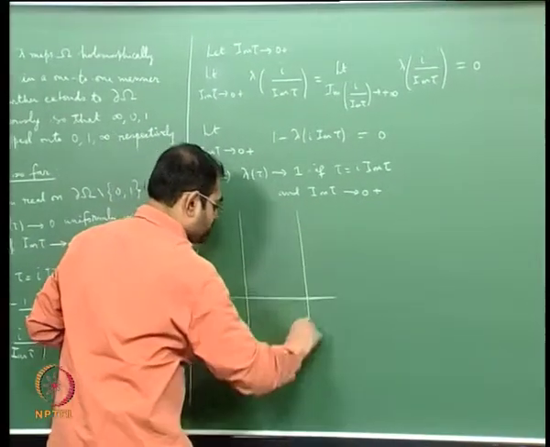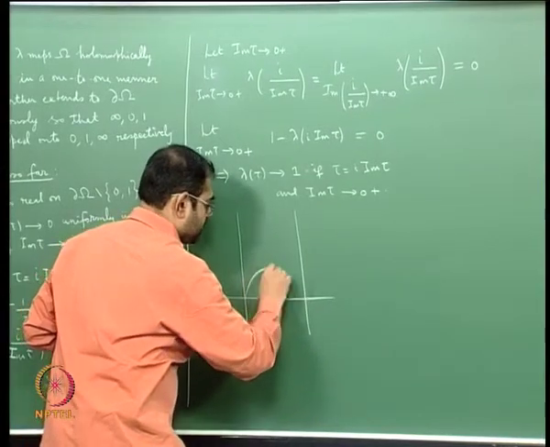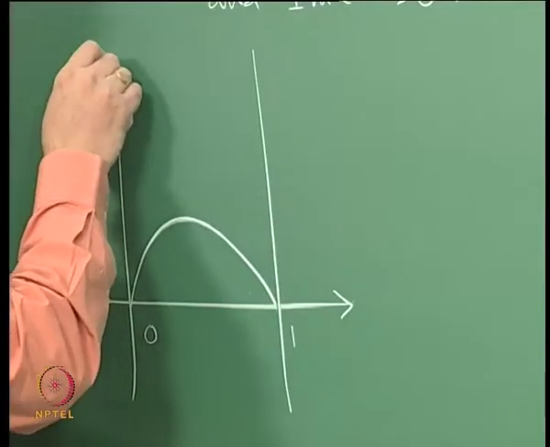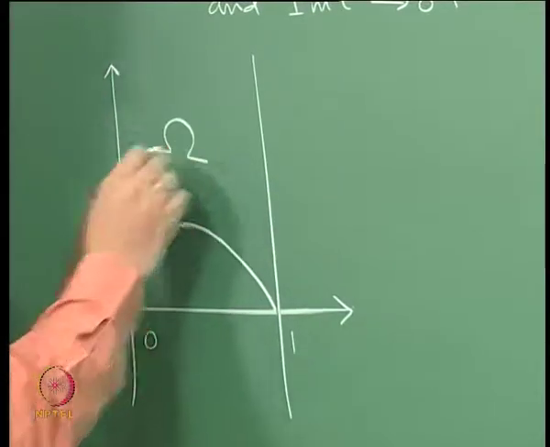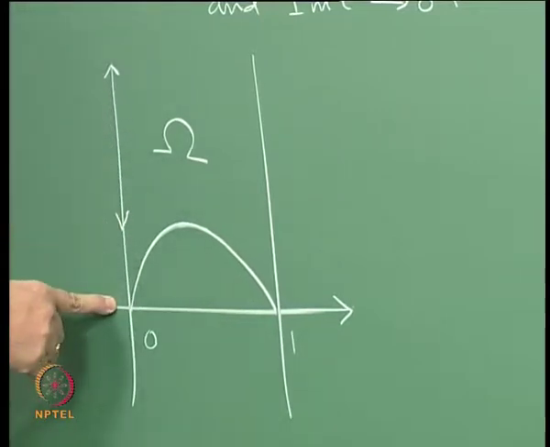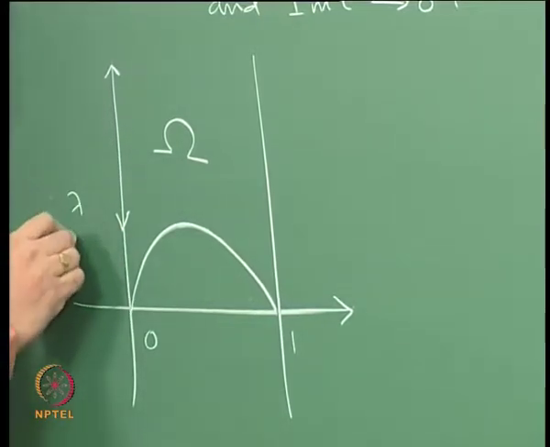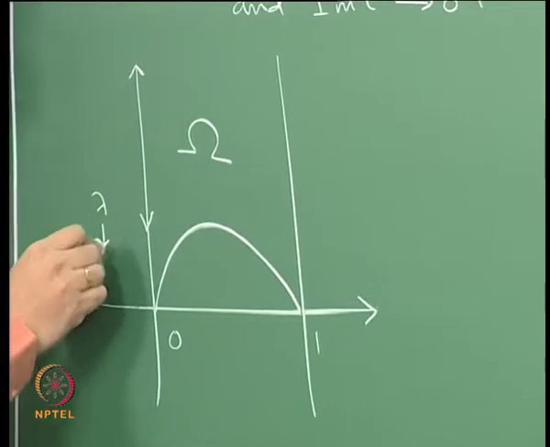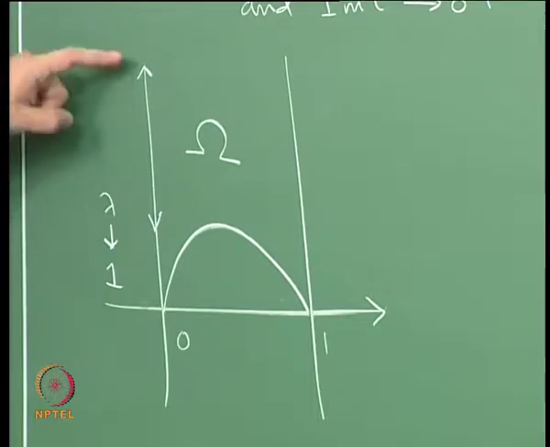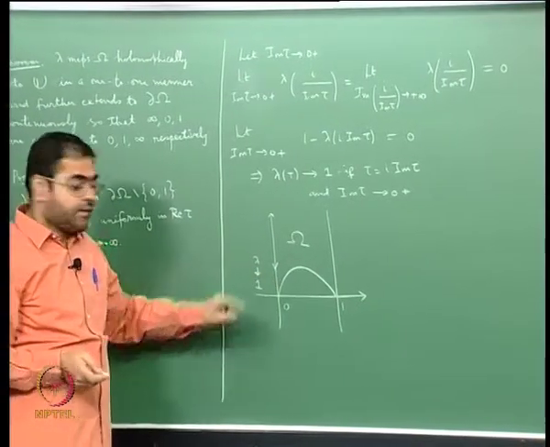So here is my region. As I approach along this line, lambda approaches 1, that is what I have proved. Okay. As I come along this line, lambda approaches 1.